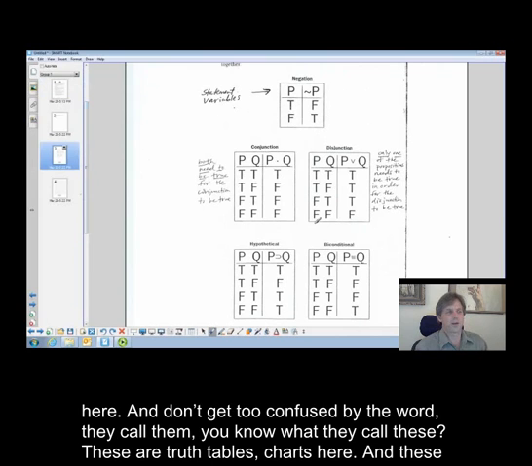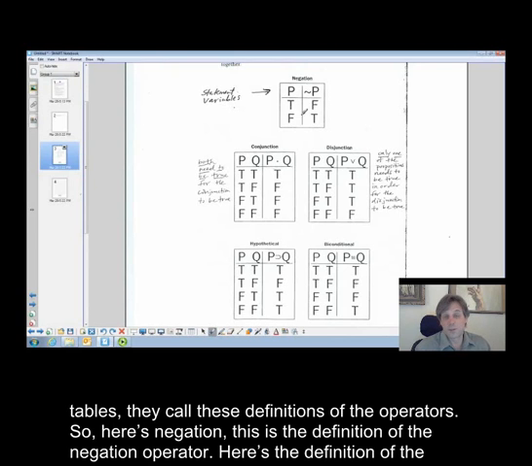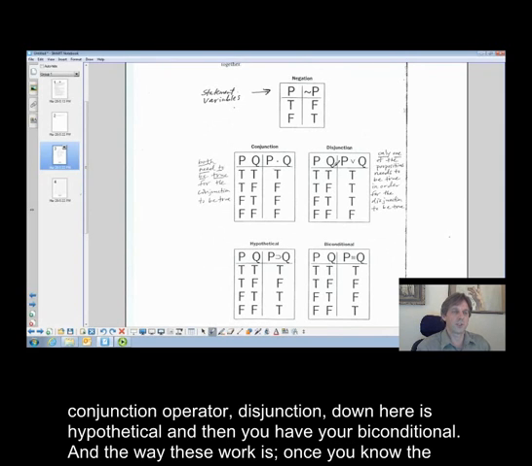These are truth tables, charts here. In these tables, they call these definitions of the operators. So here's negation. This is the definition of the negation operator. Here's the definition of the conjunction operator, disjunction. Down here is hypothetical, and then you have your biconditional.